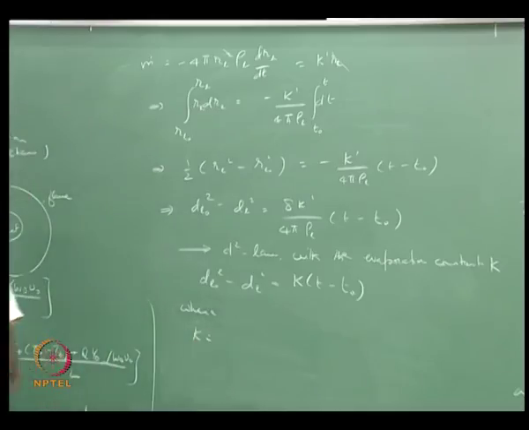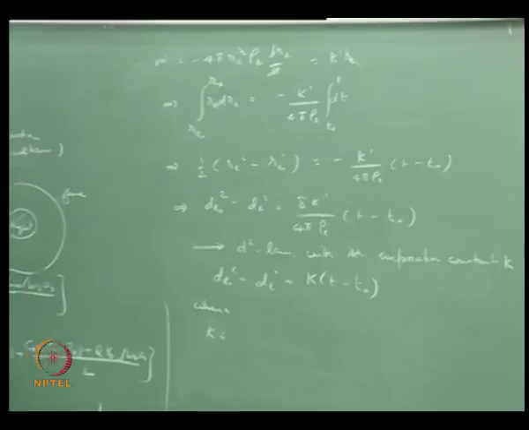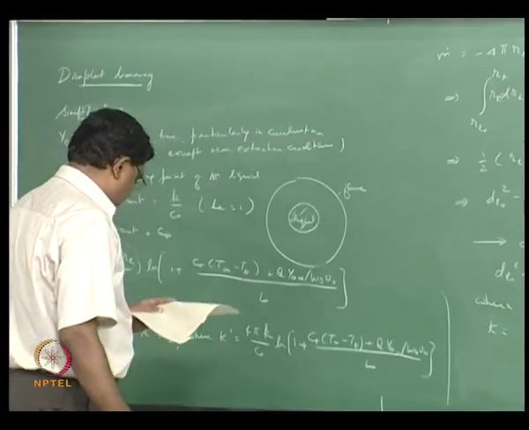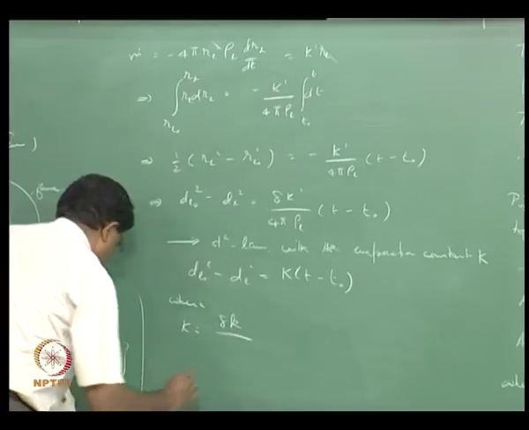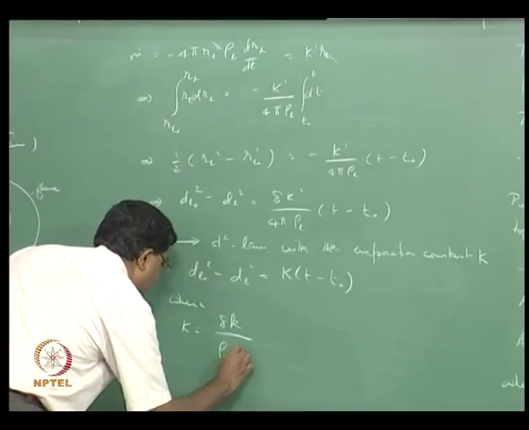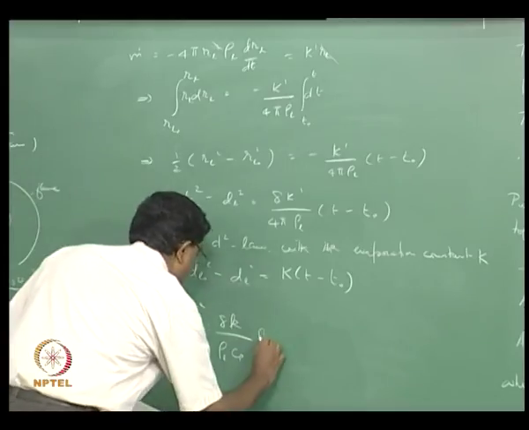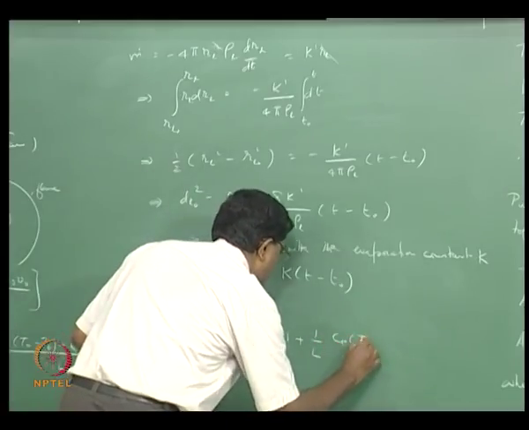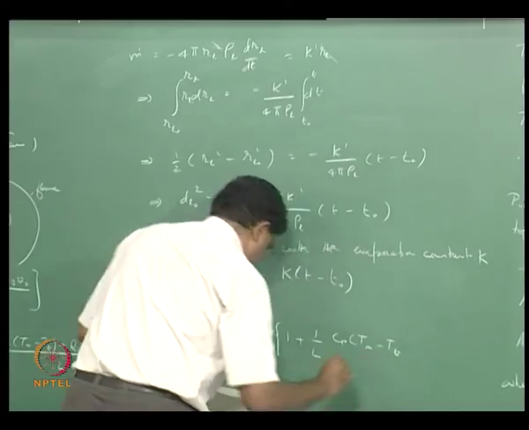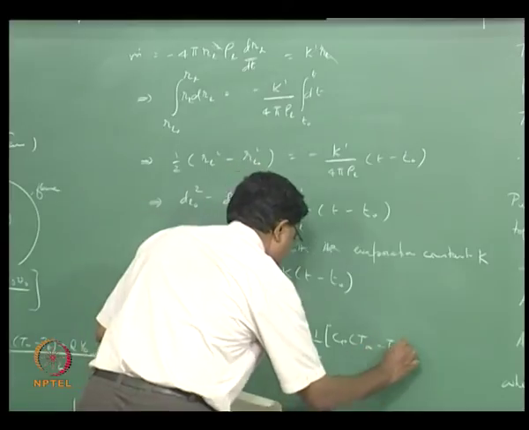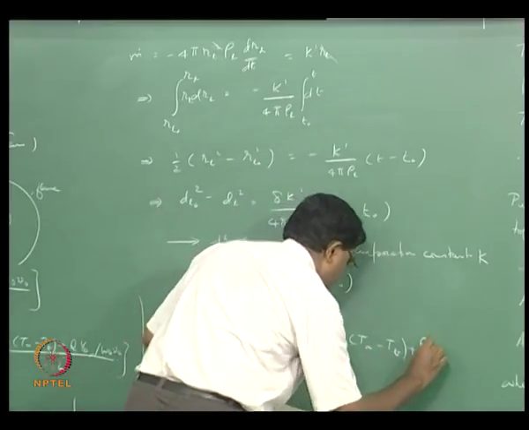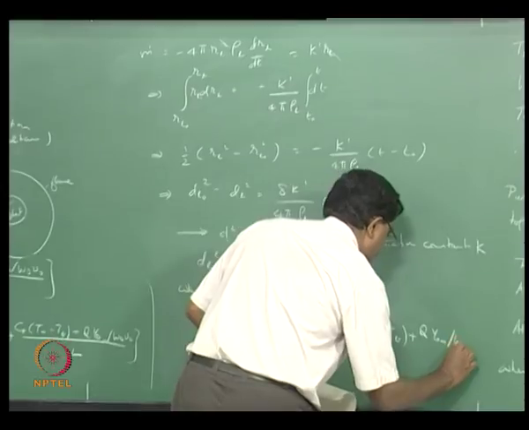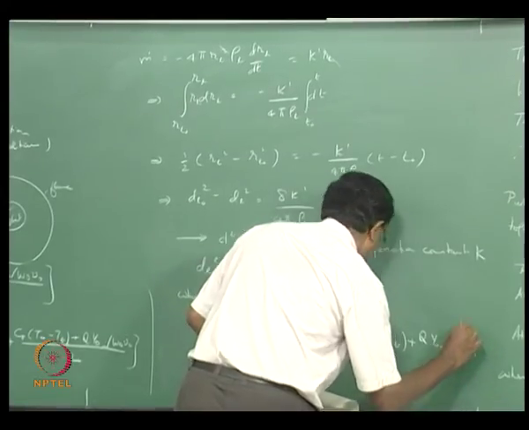We just have to put things together: 8k prime divided by 4 pi rho l, and then you divide by 4 pi rho l and throw in an 8, and you're simply going to get 8k divided by rho l Cp, natural logarithm of 1 plus Cp (T infinity minus Tb) plus Q Y_O infinity divided by W_O nu_O.